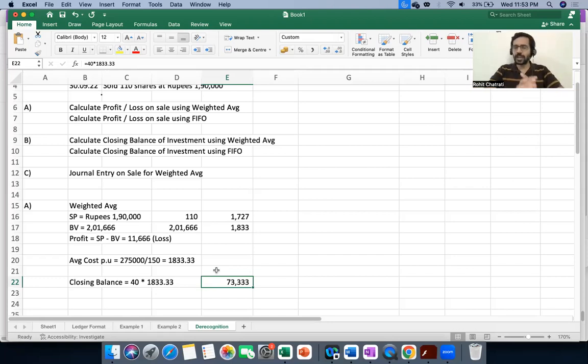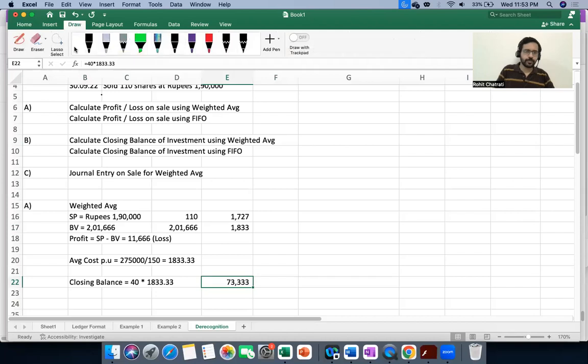So your closing balance of investment will be 73,333. Now, if you carefully look, your investments totally that you made was 2,75,000. You purchased investments at 2,75,000. Of that 2,75,000, I can divide it into two.